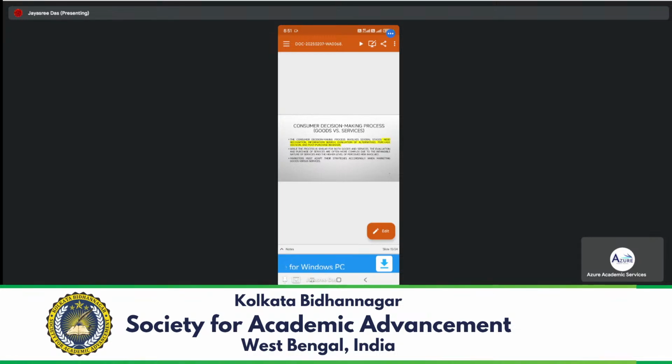Coming to our last slide related to our topic, consumer decision making process, goods versus services. When buying a car, you will see consumers often evaluate physical features like size, engine capacity, color.